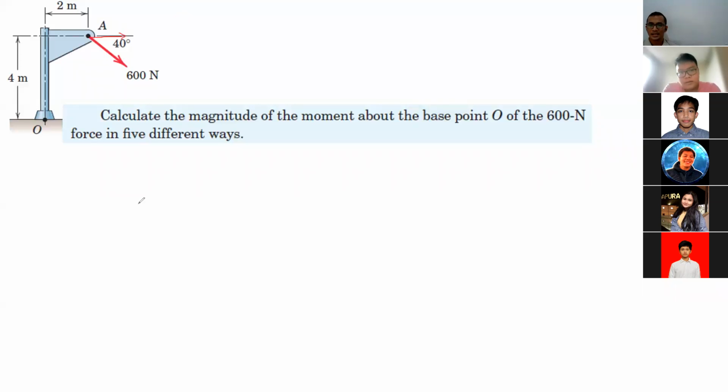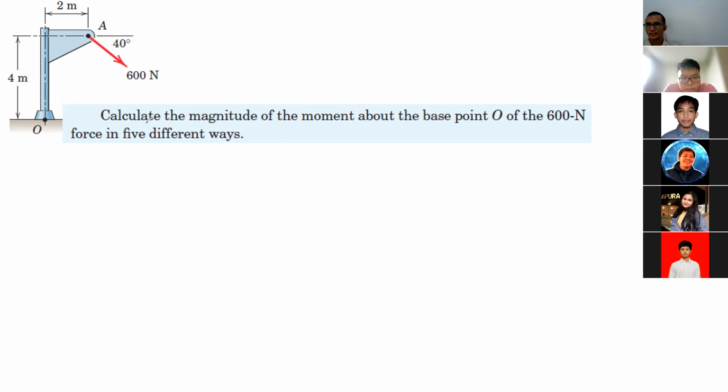And then the vertical component will be 600 sin 40, downwards. Yeah. 600 Newton sin 40 degrees.